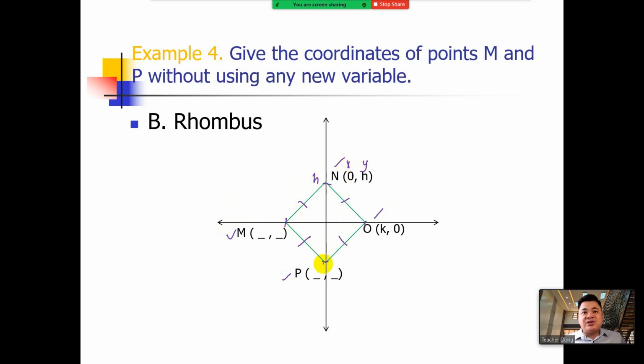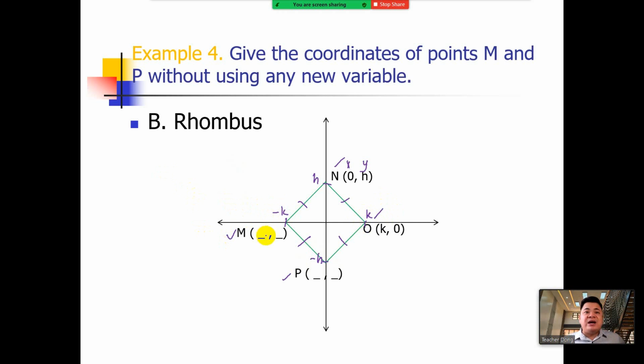And opposite of h, as you can see, below is negative h. Because in the fourth quadrant and the third quadrant, the sign of y is negative, and if we go down, it is really negative. Now, here, k will serve as your x, and then opposite of k is negative k. I hope you can follow.